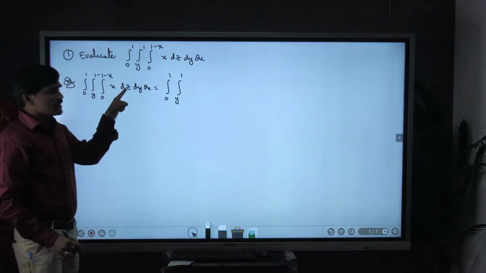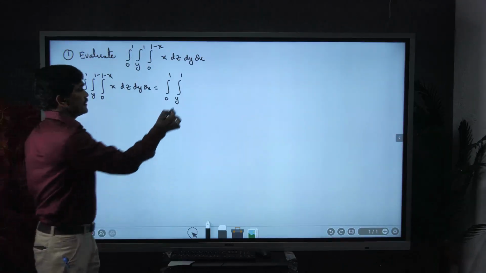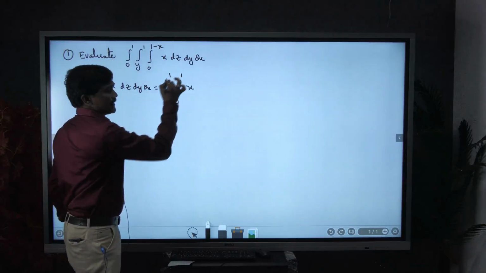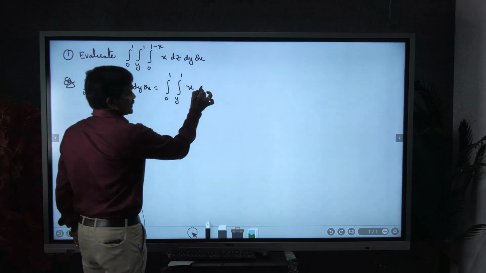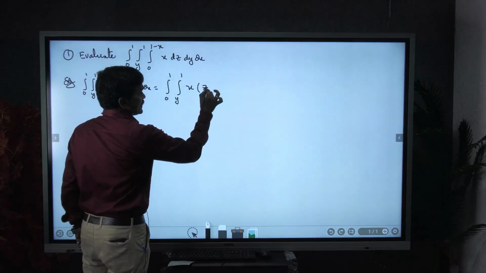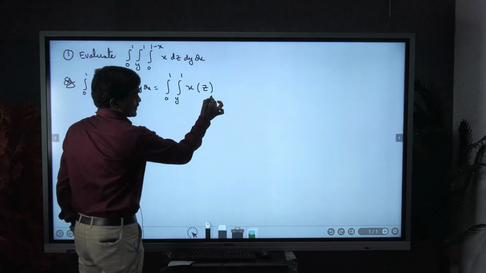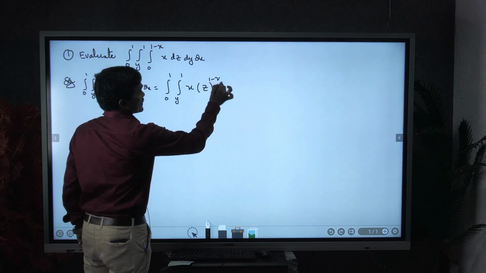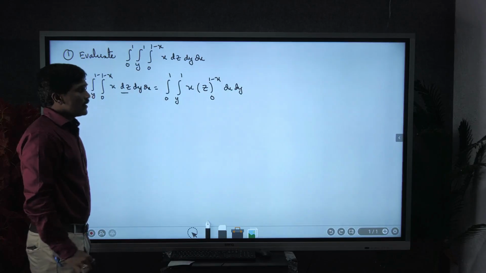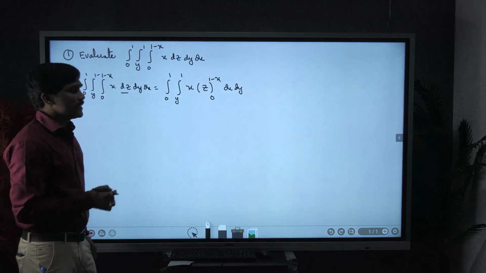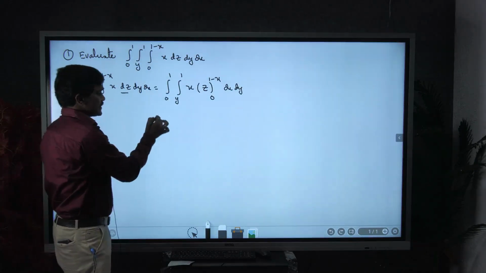So integrate with respect to z first. Here with respect to z, x is constant, so what is integral dz? Integral dz is z, with limits 0 to 1 minus x, then dx dy. Now substitute upper limit minus lower limit in place of z.